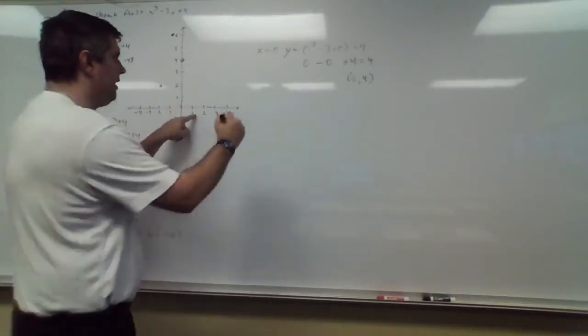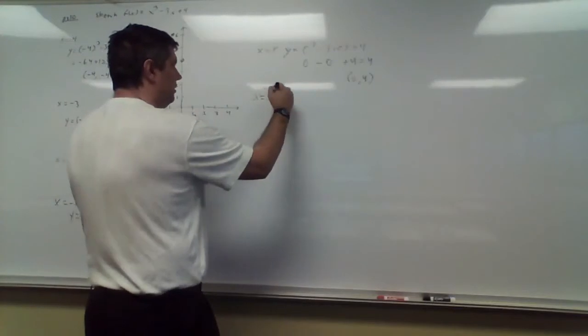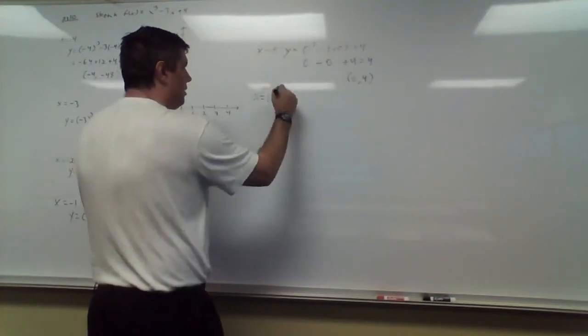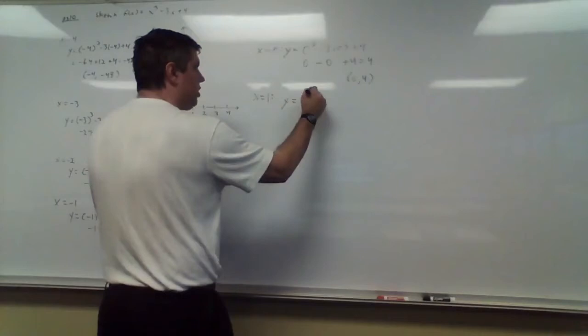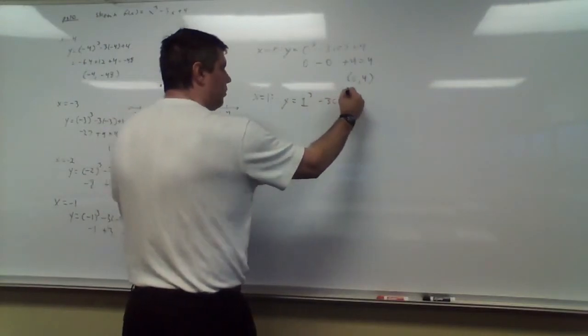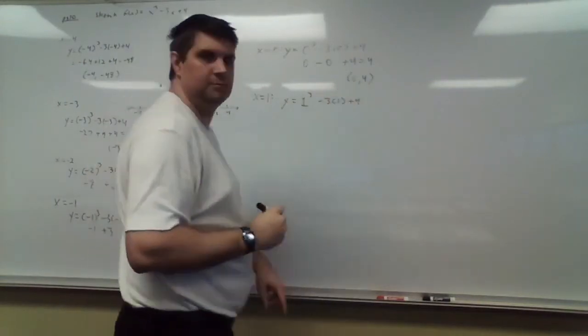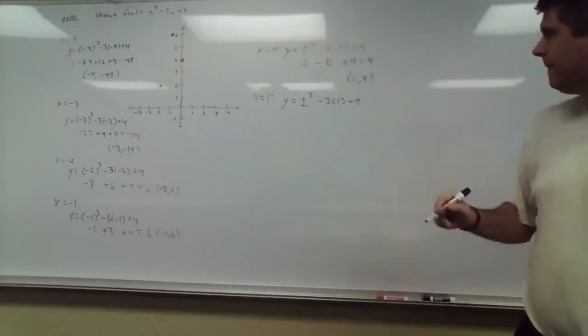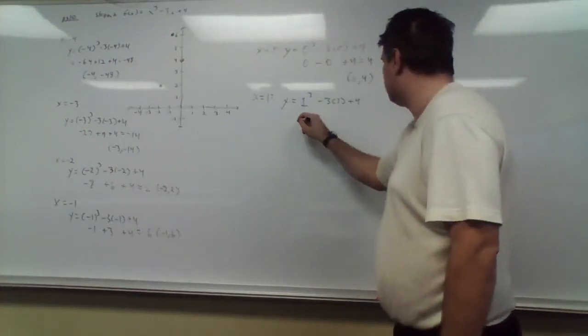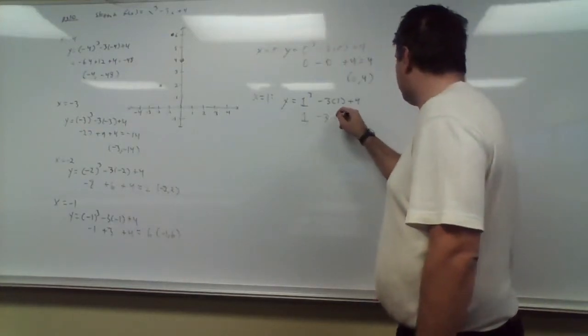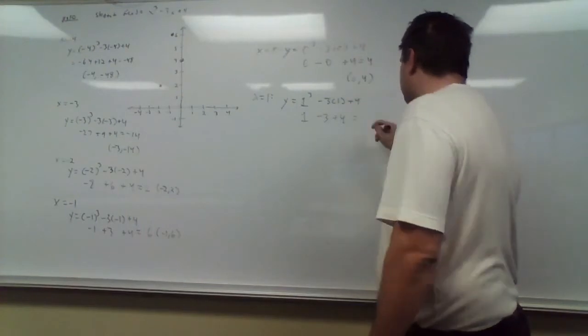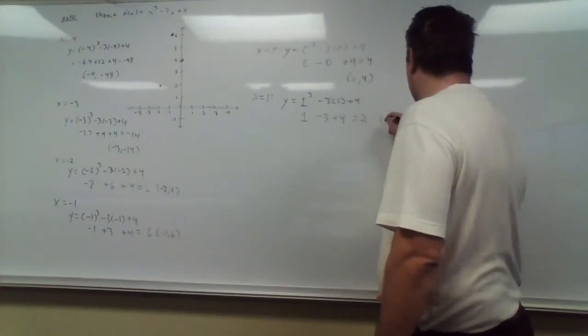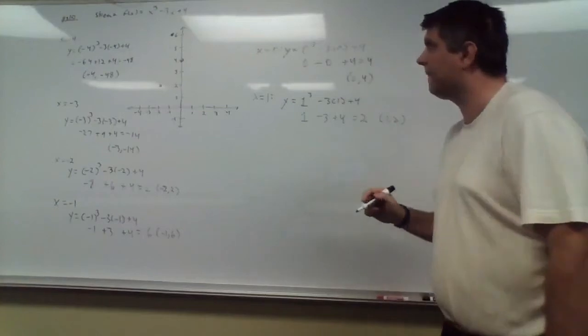Now we will do 1. X equals 1. Y equals 1 cubed minus 3 times 1 plus 4. Okay? So that's going to be 1 minus 3 plus 4. That's 2. So 1, 2.